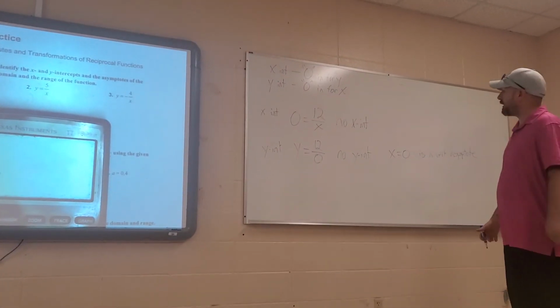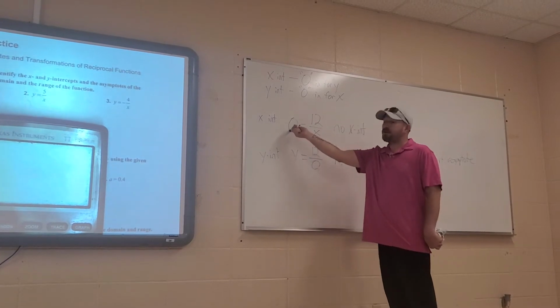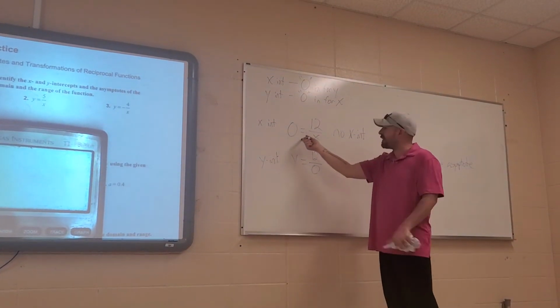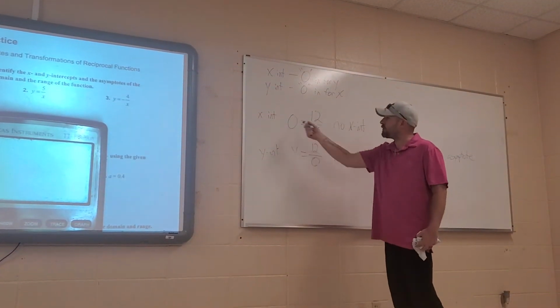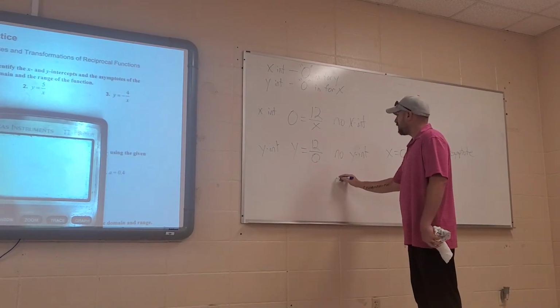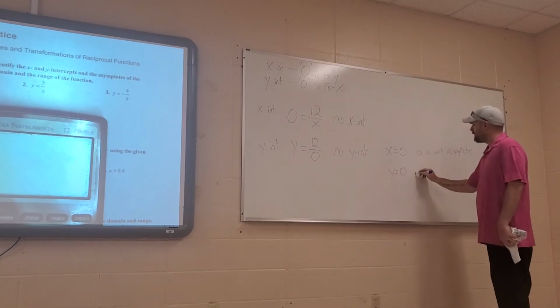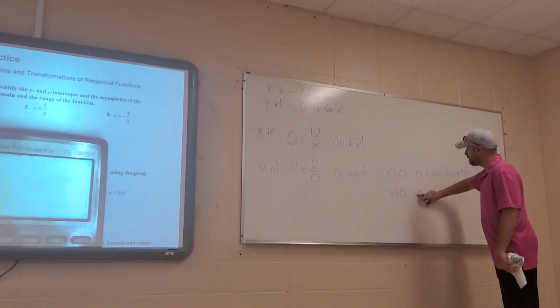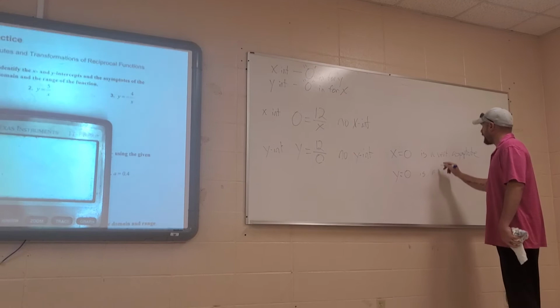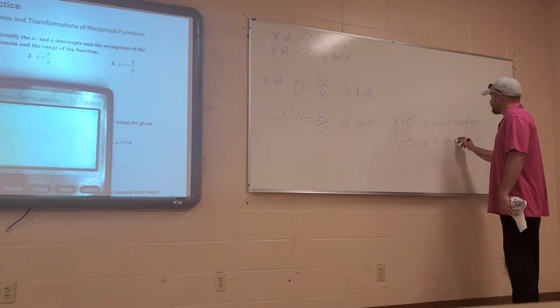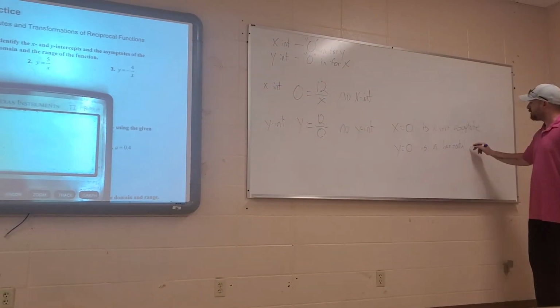What about the other one? Well, you can't have 0 here either, can you? Because there's no way to get this to equal 0. So, y equals 0 is a horizontal asymptote.